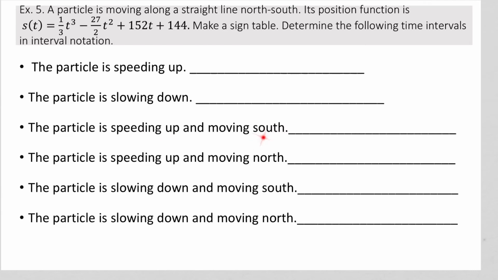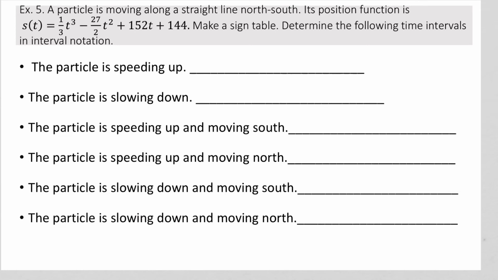So we're given directional words to use instead of pluses and minuses. You have to read your problem statement carefully to understand whether it's interested in a plus or a minus or a direction word. Then speeding up moving north, slowing down moving south, and slowing down moving north.